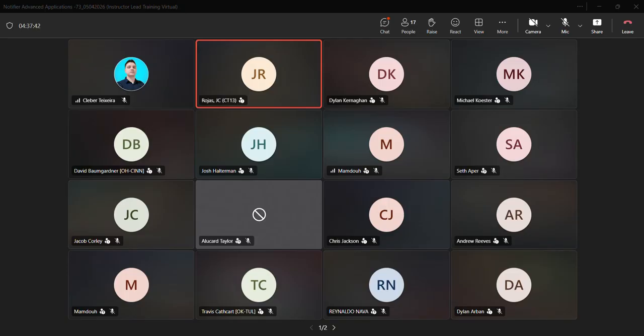Same thing. When you're done with it, raise your hands in Teams, and we'll go over it together. If you guys need to take a little break, go ahead and do so. Take a little 15-minute break, go to the restroom, get some afternoon coffee, or whatever it is that you drink in the afternoon to get over the hump, right?